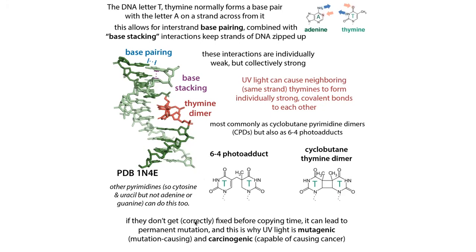Quick terminology thing is that when we talk about things like methylating agents, or things like UV light as being able to cause mutations, we can say that they're mutagenic. But that doesn't necessarily mean that they're carcinogenic. Carcinogenic means something's capable of causing cancer, and mutagenic just means that it's capable of causing mutations.